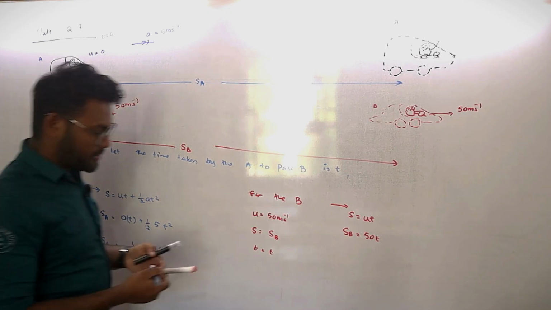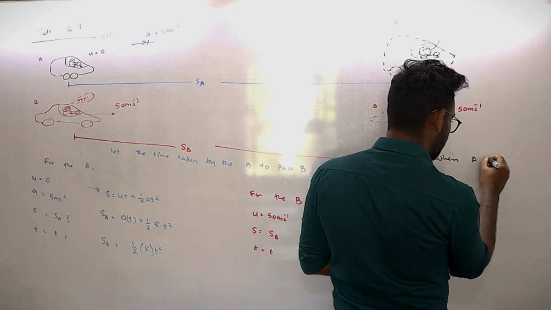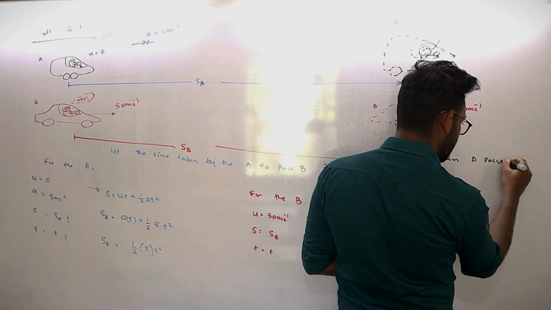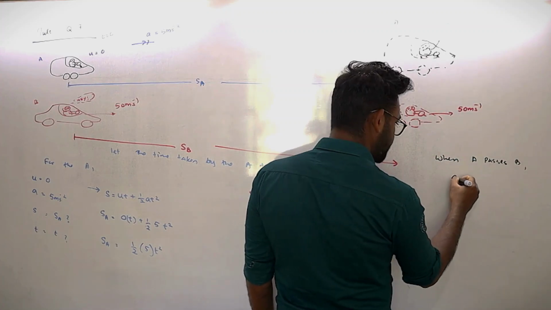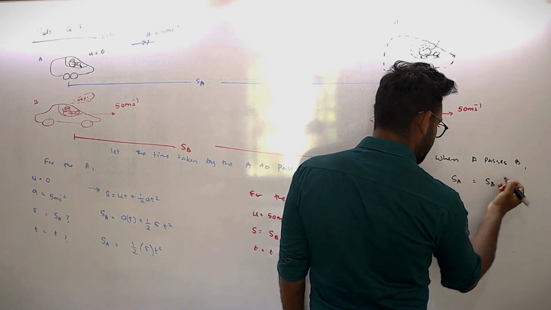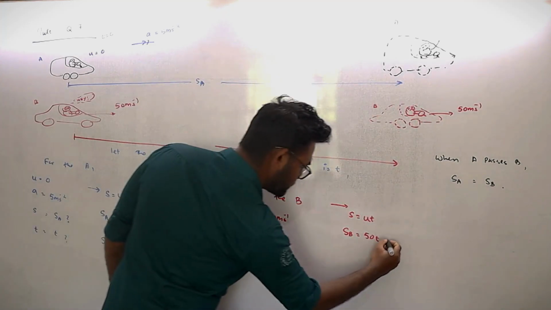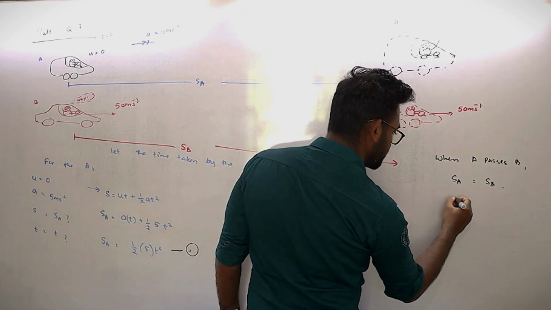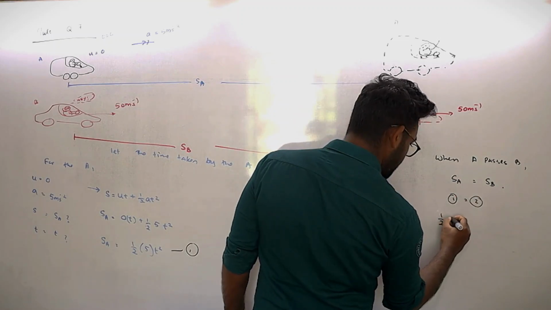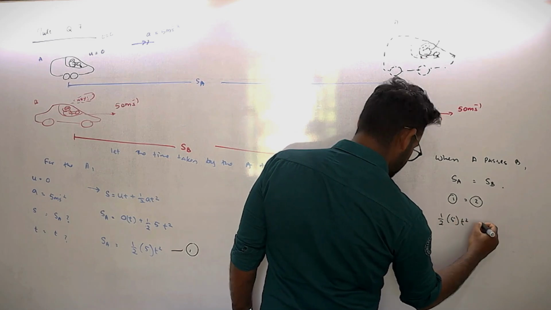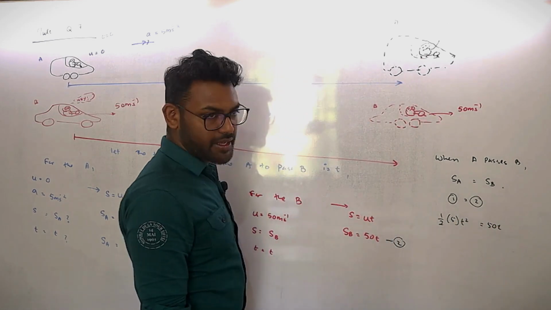Okay, so maybe somewhere else you can write, when A passes B, I could write SA has to be equal to SB. So I could write maybe this is 1 and this is 2. So 1 equals 2. So half, this equation you can get.